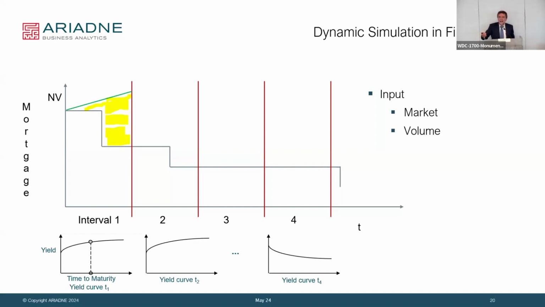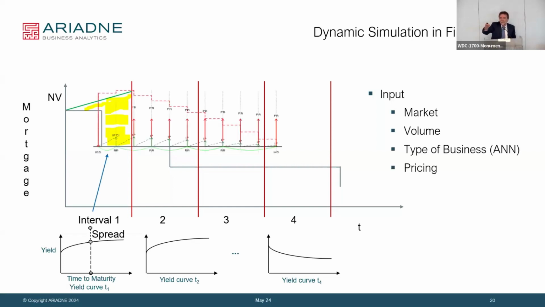And then now we say type of business. And that says, okay, I'm creating the business as much as this yellow area, and it is in terms of business annuity. With this, I create the whole stream, the whole cash flow stream with very few input actually.